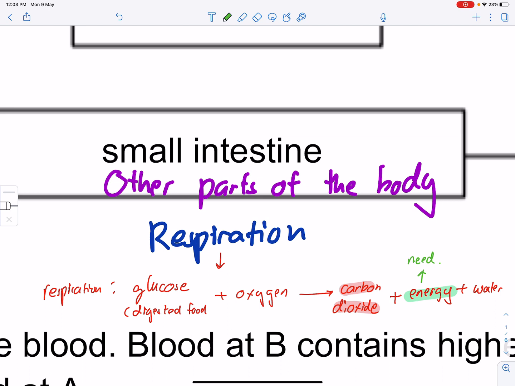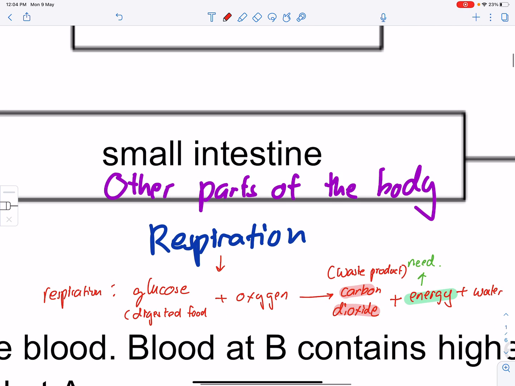So please annotate everything that I have written here. Now, your carbon dioxide is your waste product, or one of your waste products, that needs to be removed.